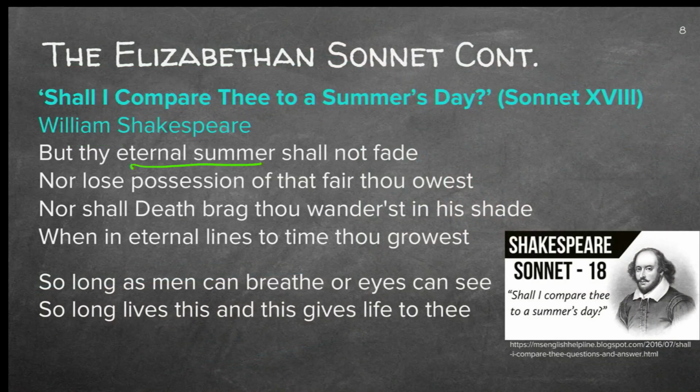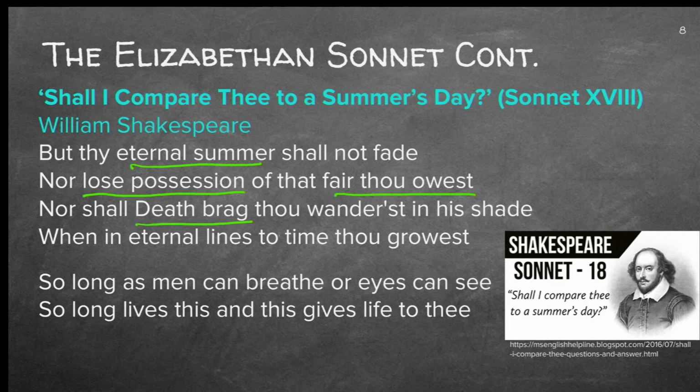In other words, your summer will not fade. And he's clearly working up to a kind of conclusion here. And he says, and it will also not lose possession of the fair thou owest. You are too beautiful. You will not become ugly like the rose that has faded and died. Your fairness will stay forever.